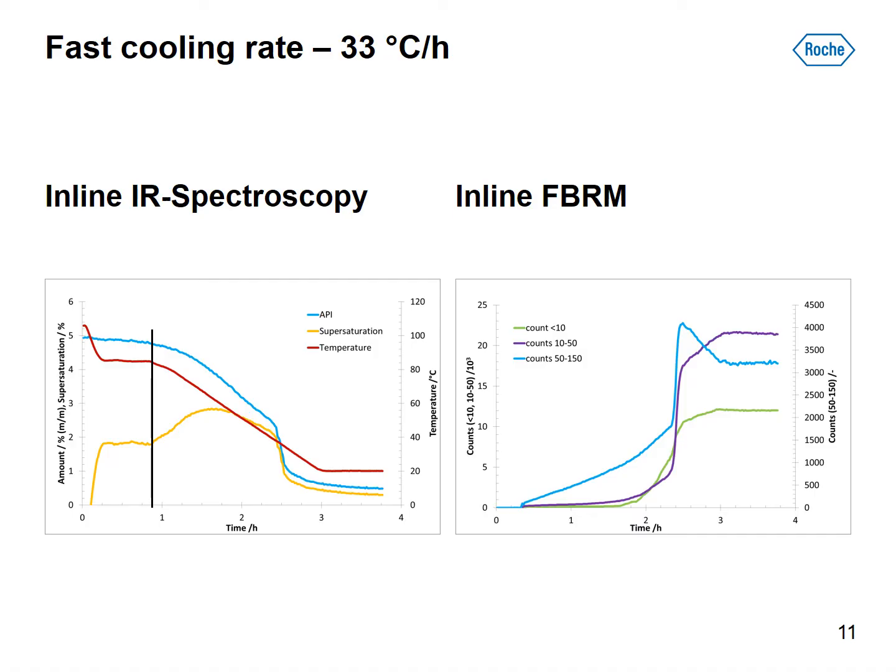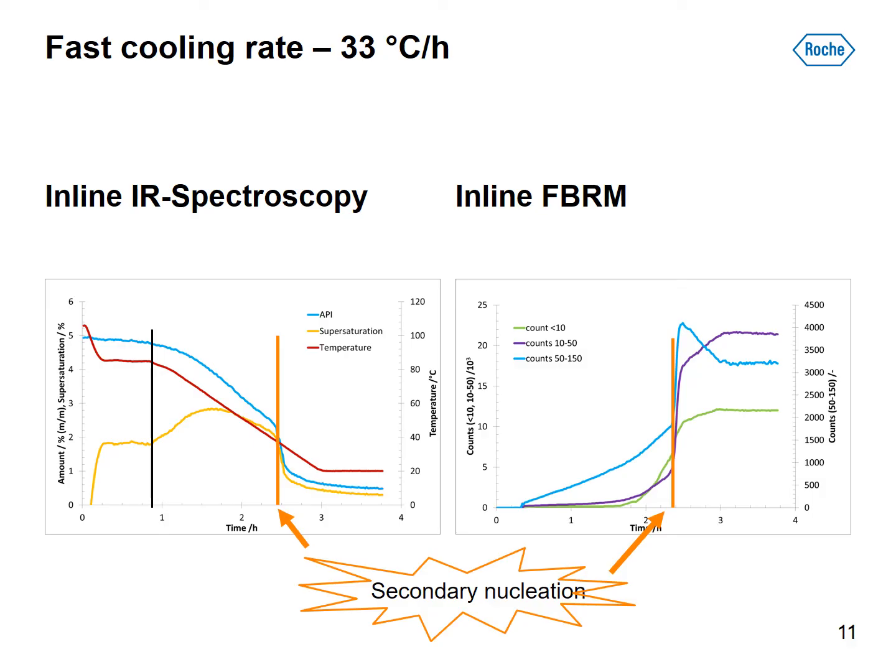At a certain point, the crystallization leads to a secondary nucleation where the supersaturation was just too high and all the API crashed out. This led also to an increase in the particles measured by the FTIR, which can be seen in the graphic on the right hand side.